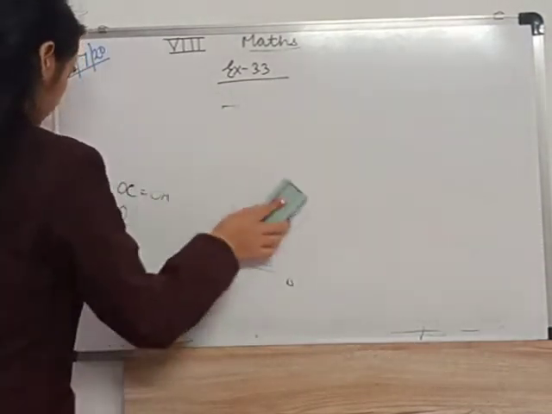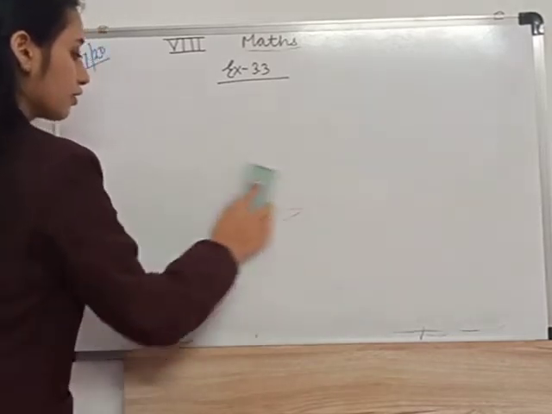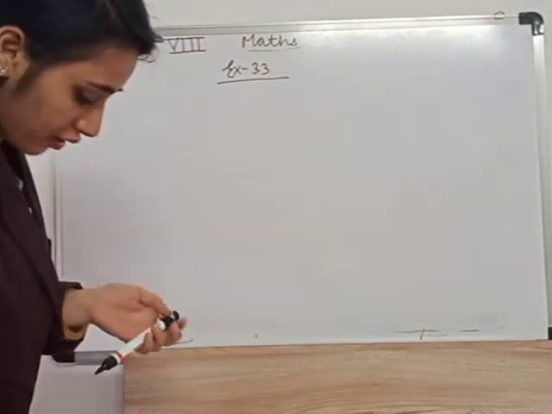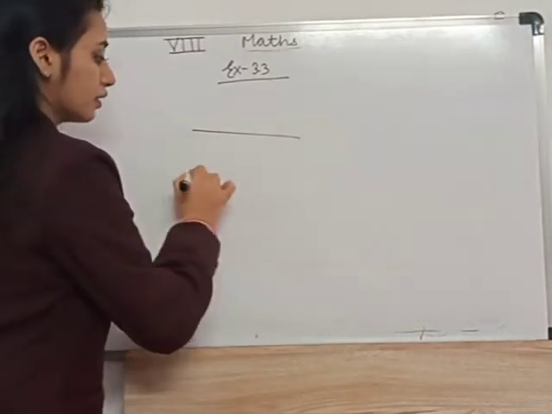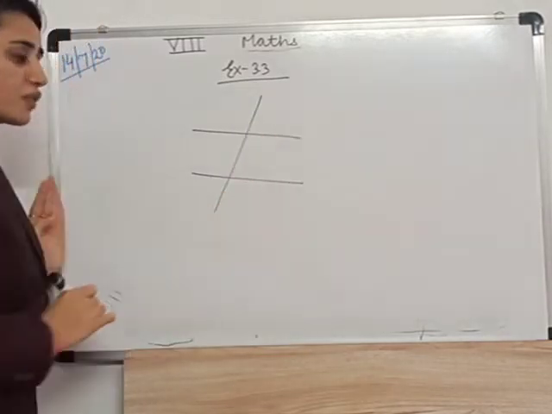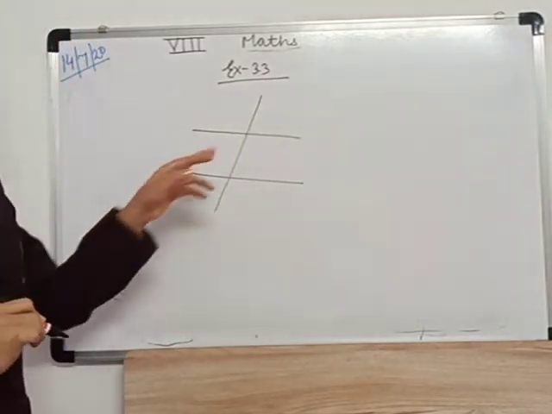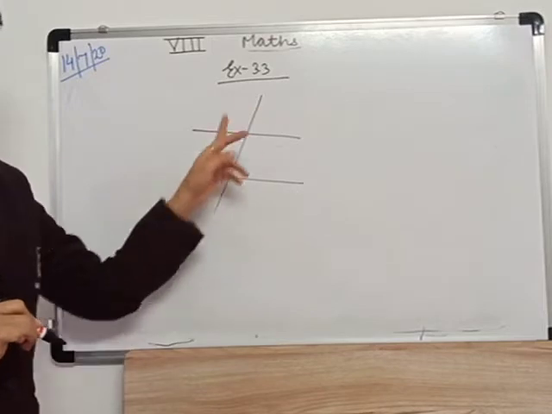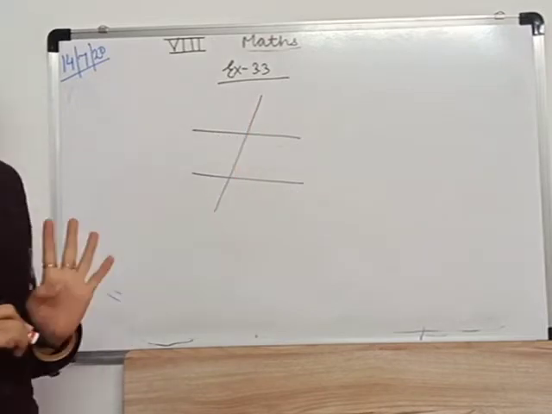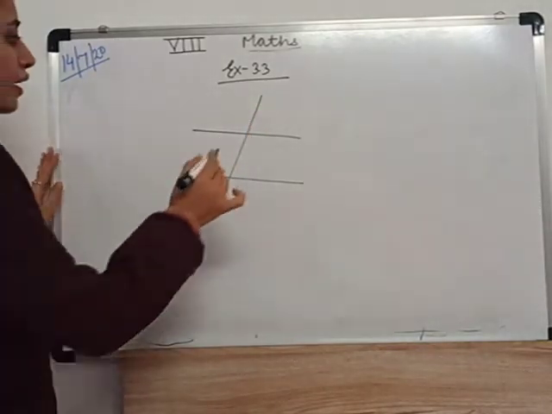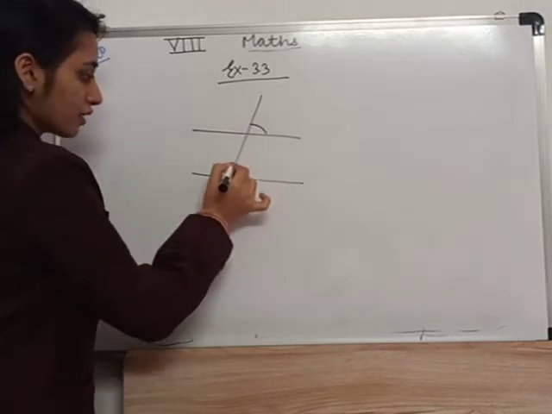One more thing you have learned in your previous classes: when two lines are parallel and one line cuts them, that line is called a transversal line. Now, what about these angles?